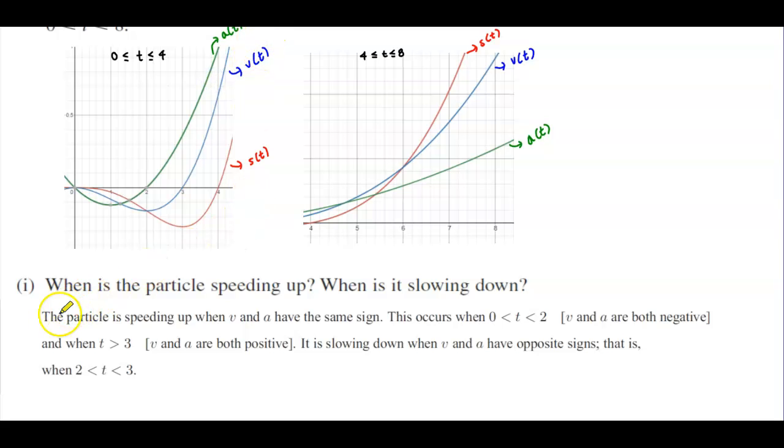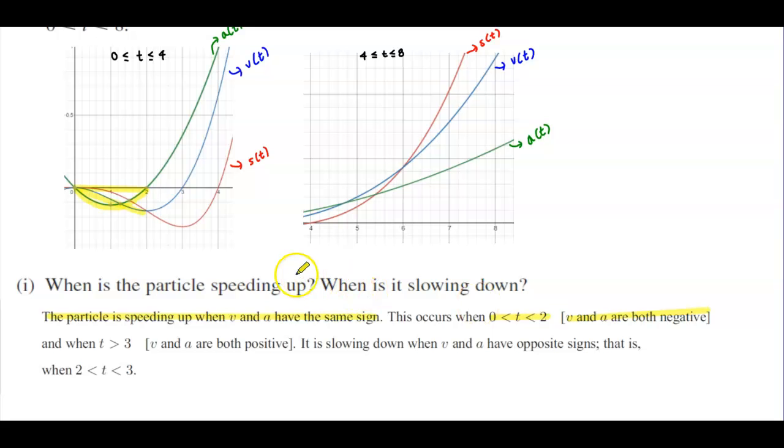If we take a look at the interval between 0 and 2, we can see that the velocity function in blue is below the x-axis, which is negative. And the acceleration function between 0 and 2 is also below the x-axis, which is negative. So both of those are negative, so we know it's going to speed up between 0 and 2.